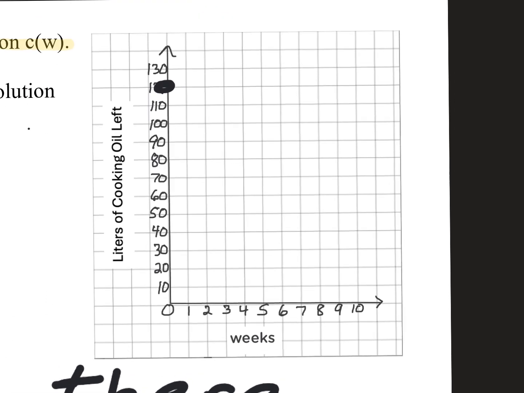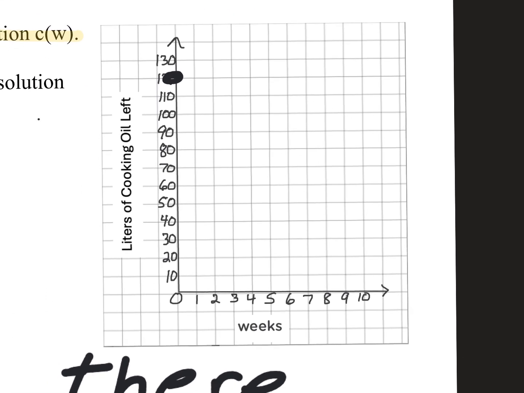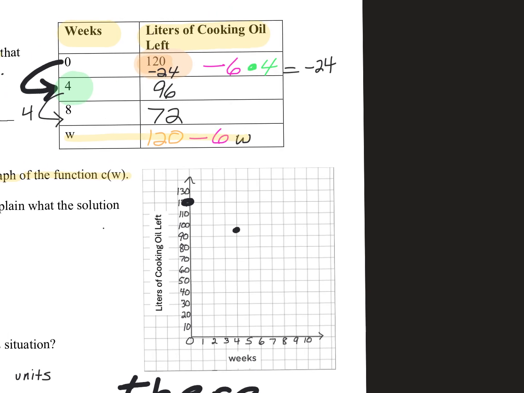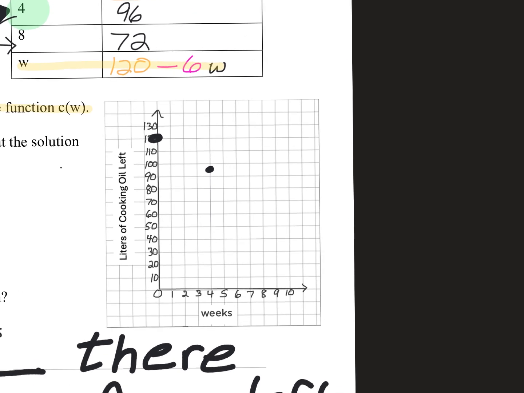So I'll put another coordinate at 4 weeks. We had 96, so somewhere about there. Then at 8 weeks, we had 72. So that's going to be about there. Connect it with the line.